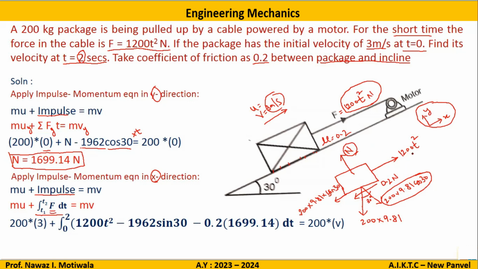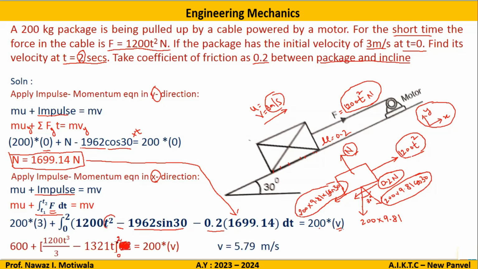So forces in that direction are 1200 t square going right side positive, then this force 200 into 9.81 sin 30 going left side, which will be negative, so it is here minus 1962 sin 30, minus 0.2 into N. So 0.2 multiplied by N value we have already found out, which I am substituting here, multiplied by dt is equal to m multiplied by v, which we need to find out.